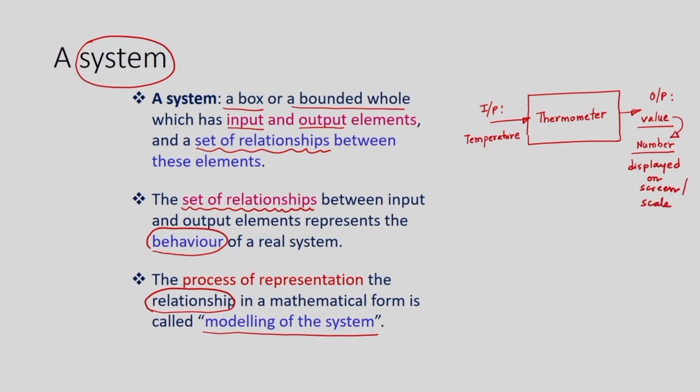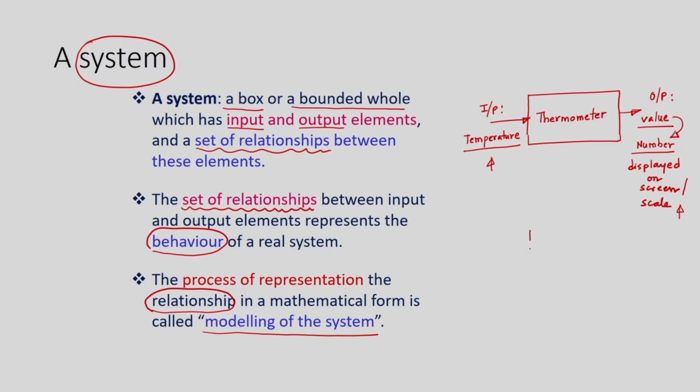There is a relationship of this number with the temperature. As the temperature is increasing, the number is also increasing. So I can say the number displayed on the screen is directly proportional to the temperature. That is the relationship. When we represent this relationship mathematically, we call this the modeling of the system.